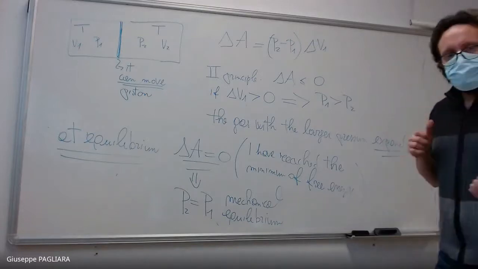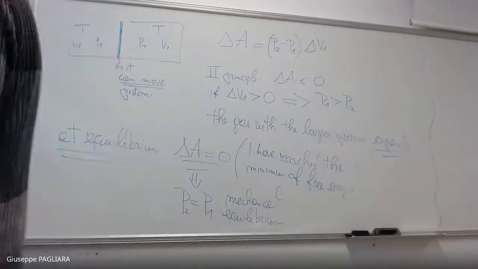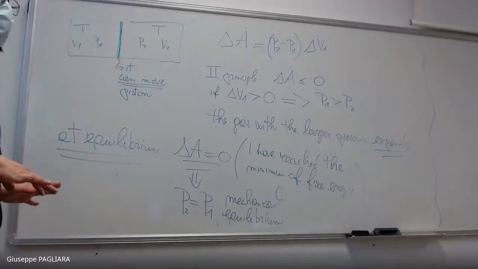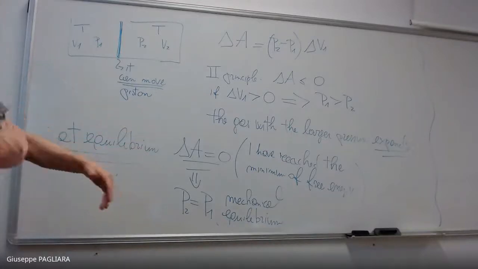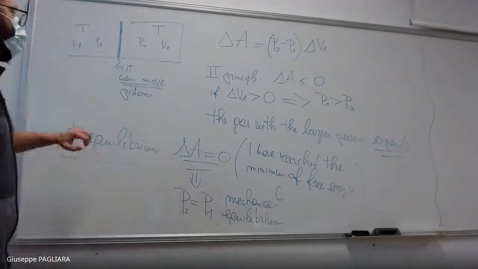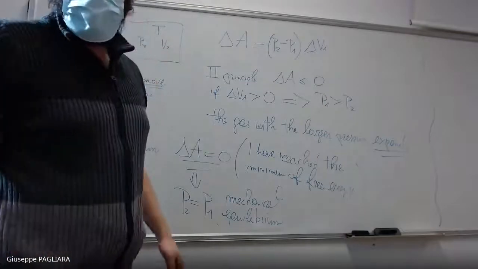In this case, fixed volume, fixed temperature, the system evolves in such a way as to minimize the Helmholtz free energy. And in this specific situation, that means in particular that I will reach mechanical equilibrium, so that the pressures of the two gases, of the two bodies here, are the same.